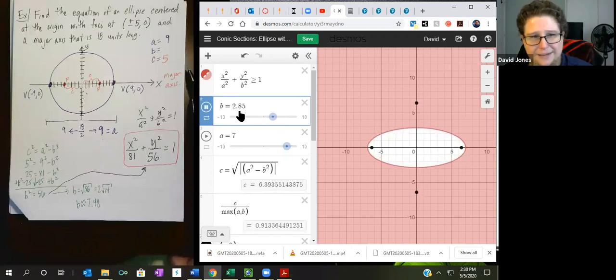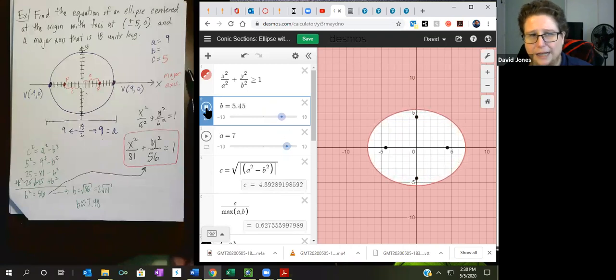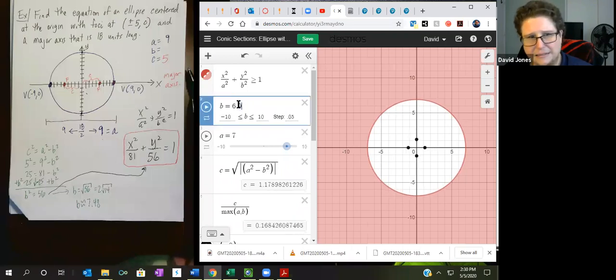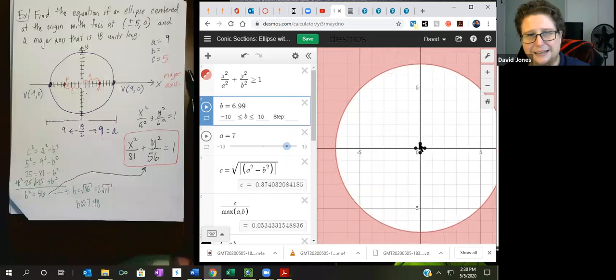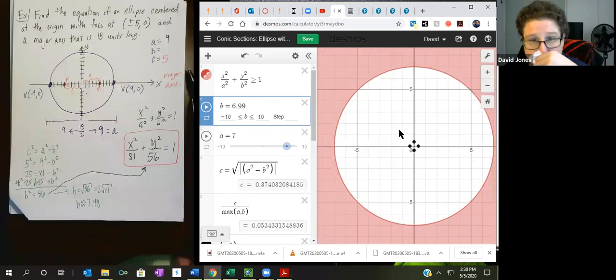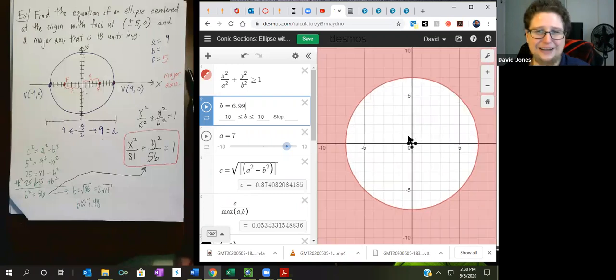We're getting at 2.7, 3, 3.5, 4. As soon as we get to 7, those focal points are coming to the center. We're at 5.5, 5.9, 6. And you can see like even 6.9, they're still pretty close. 6.9, 1, 7. It looks circular, right? You'd have a hard time telling otherwise.